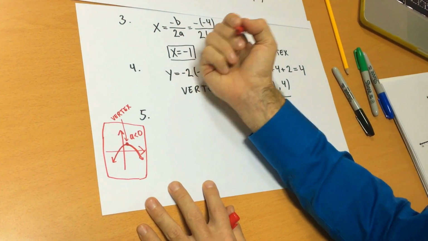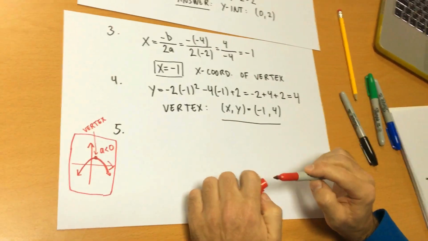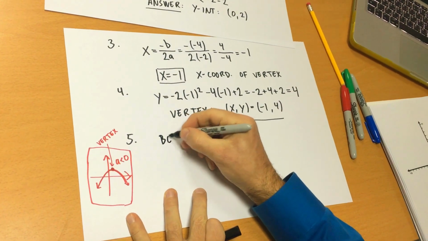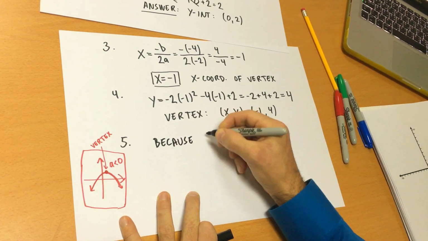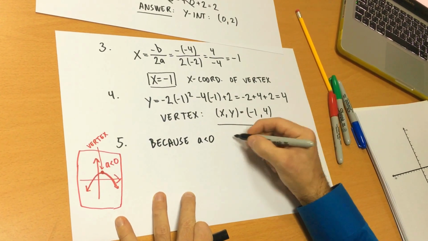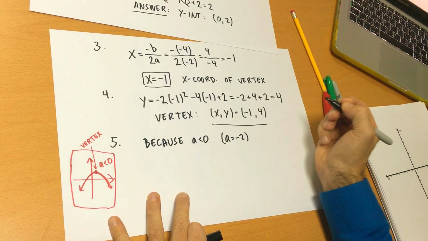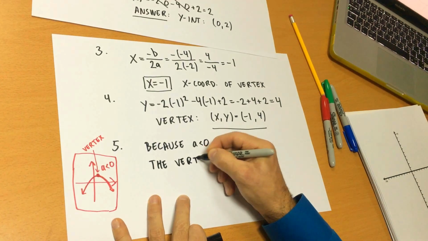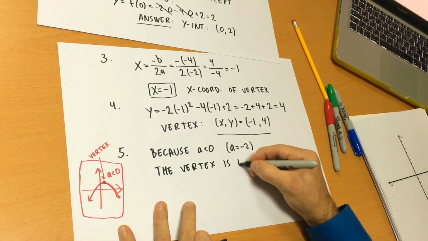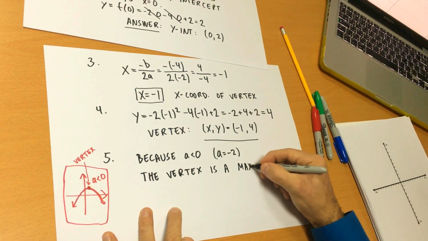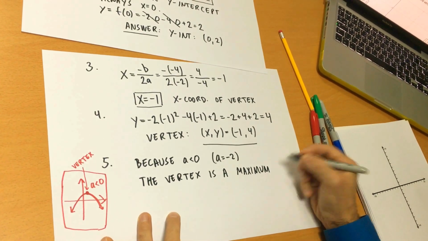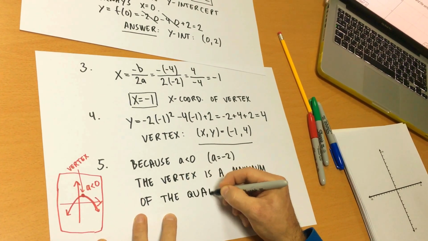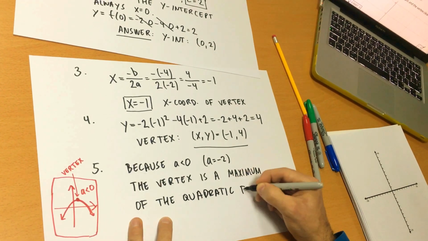How does this translate to our example? Well, our vertex was (-1, 4). So we can write something like this: because a is less than 0, remember, a was equal to -2, the vertex is a maximum of the quadratic function.